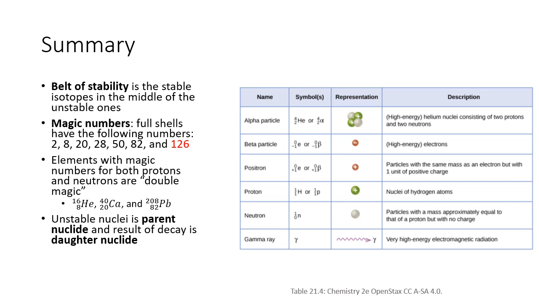Full shells are at numbers 2, 8, 20, 28, 50, 82, and 126. Elements with magic numbers for both protons and neutrons are double magic. Examples include helium-4, calcium-40, and lead-208, which is one where your neutrons and protons do not match, but both have magic numbers.